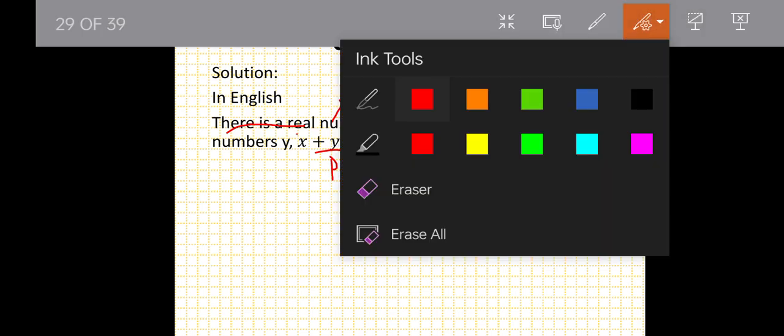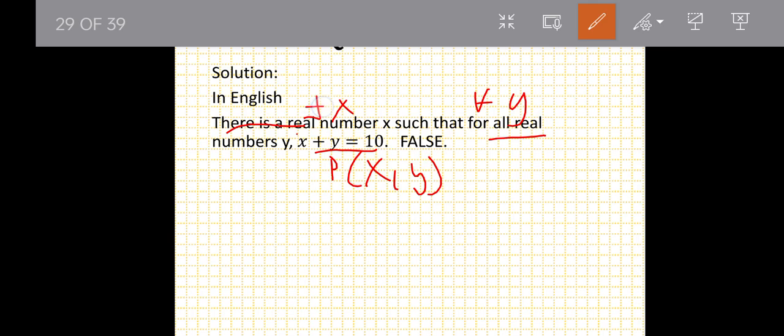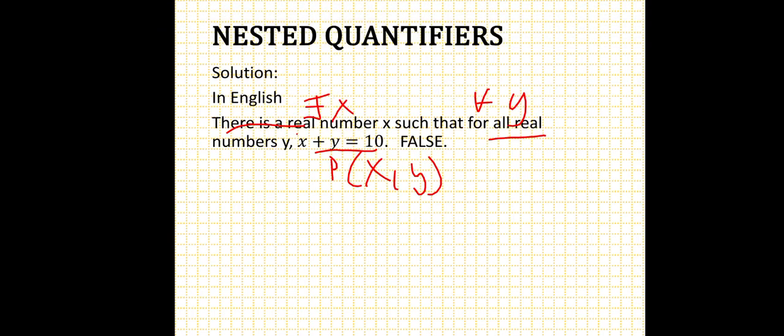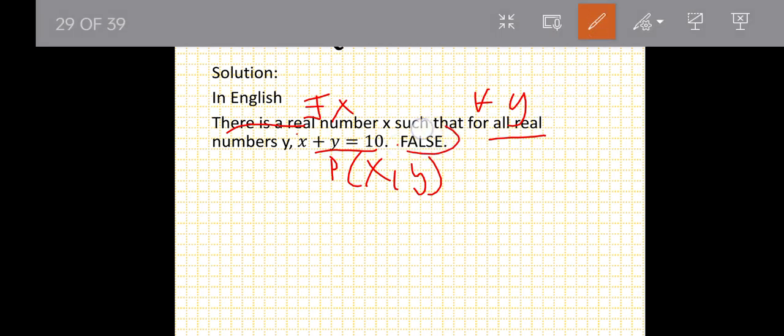Okay. There exists x. So, ano kaya ang kanyang truth value? Bakit siya false? Bakit false ang kasabi dito? Okay? Sige, let's take a look at this one.